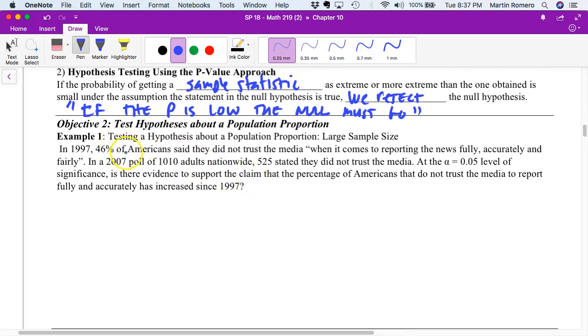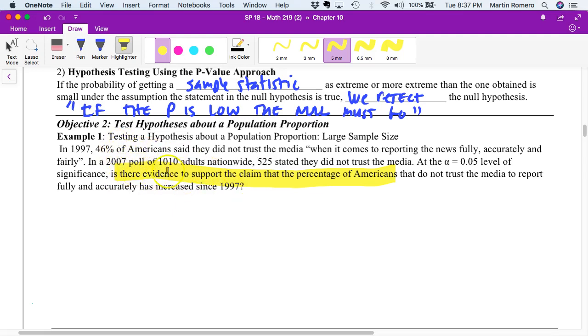In 1997, 46% of Americans said they did not trust the media when it comes to reporting news. That was 1997. In 2007, in a poll of 1,010 adults nationwide, 525 stated they did not trust the media. At the alpha 0.05 level of significance, is there evidence to support the claim that the percentage of Americans that do not trust the media to report fully or accurately has increased since 1997?